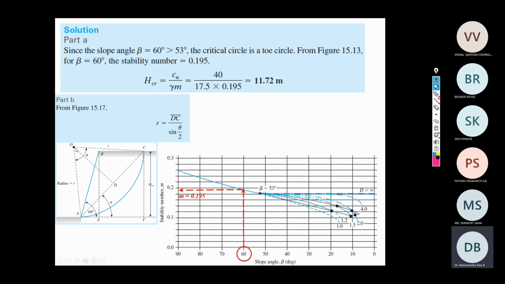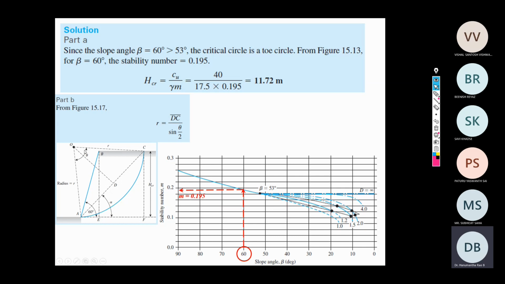If you look at the different triangles, especially triangle OAC, we know OA is nothing but the radius of the slip circle, and AC is the chord length, while AC can also be written in the form of an arc length as a function of theta. If you take it in the form of triangles, R is nothing but the chord length DC divided by sine theta by 2.